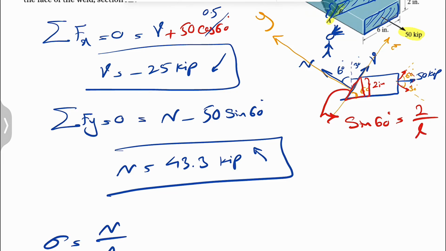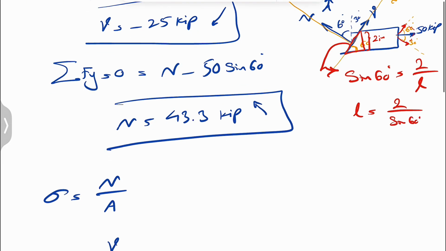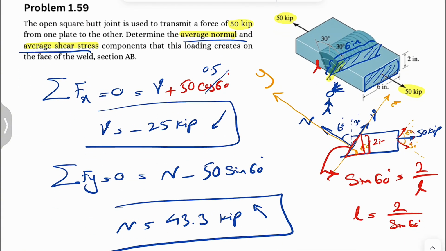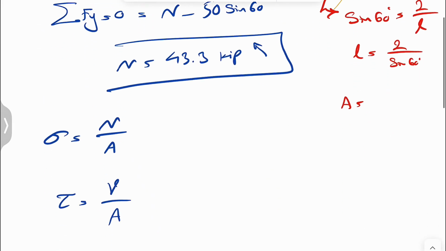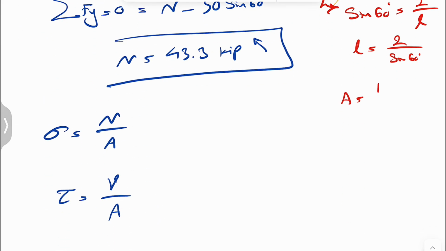We can call it L. So L in here would be 2 divided by sine of 60 degrees. And the area that we are interested in would be 6 times L, the area of this surface. So basically 6 times 2, which is 12, over sine of 60 degrees.